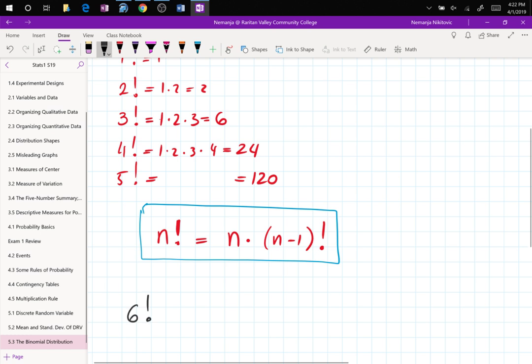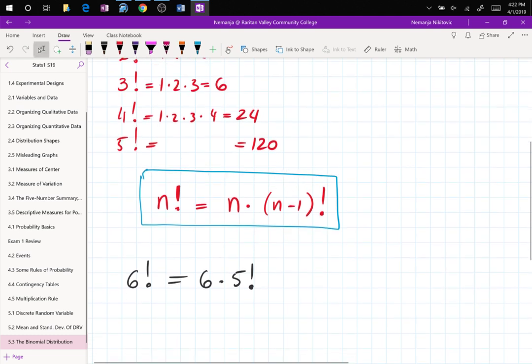6 factorial is equal to 6 times 5 factorial. And that should make sense because all of the numbers 1 through 5 are under 5 factorial, and then times 6 makes it 1 through 6, and that's 6 factorial. But you can peel more than one term.